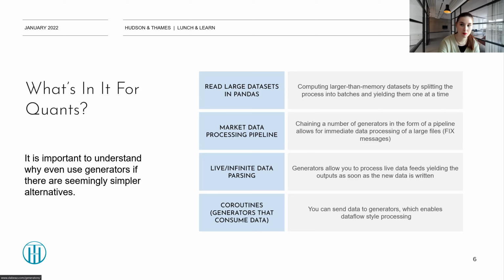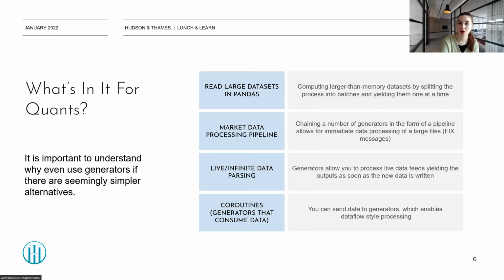The second point is a continuation of what I already said before about the market data processing pipeline. It's live or infinite data parsing, as we don't have to have the whole data to run a generator, as we don't actually exit the function. We're just suspending it once we come up to the yield statement, right? We have the ability to process live data feeds, yielding the outputs as soon as new data is written.